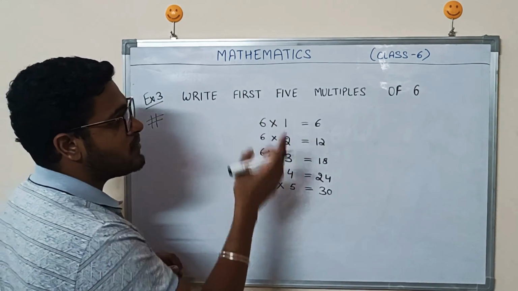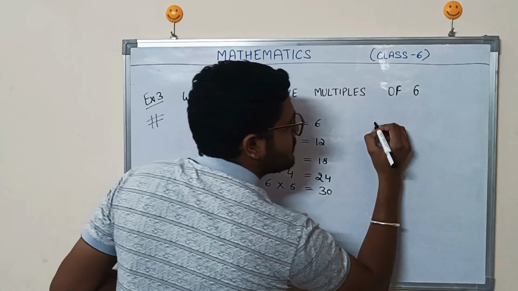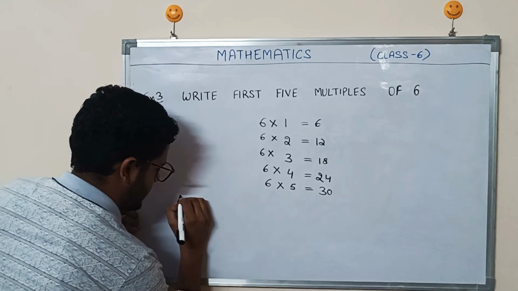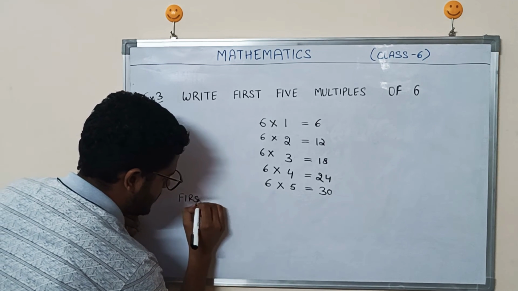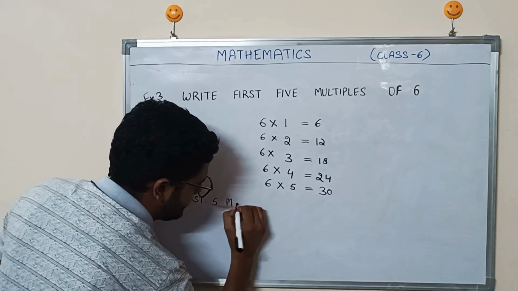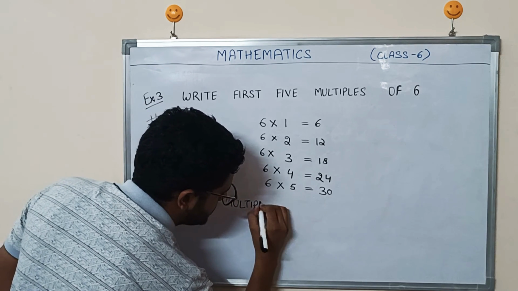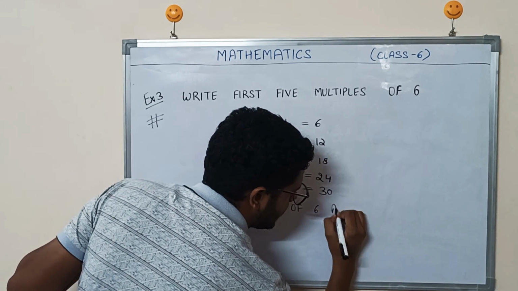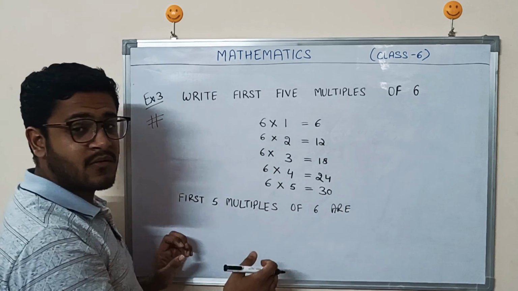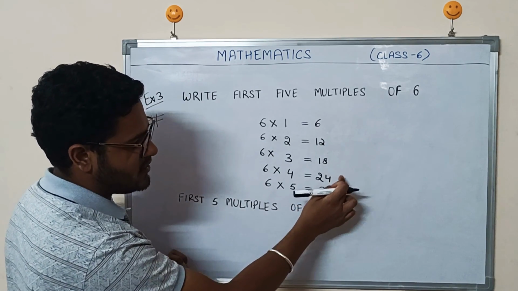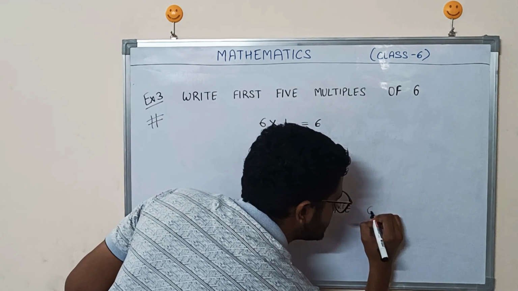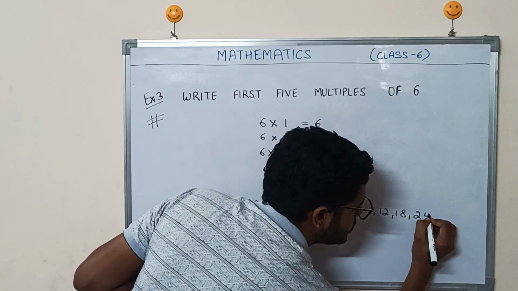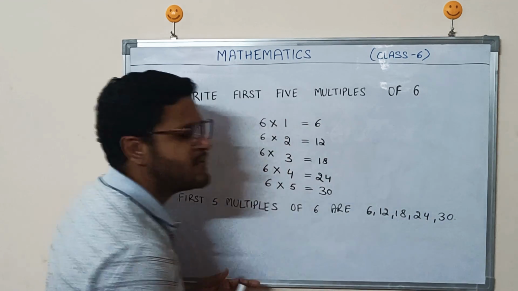So the first 5 multiples of 6 are 6, 12, 18, 24 and 30, right? Easy.